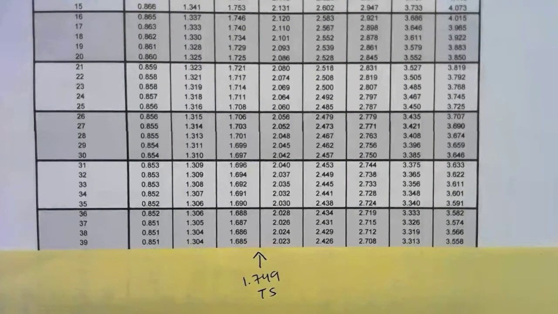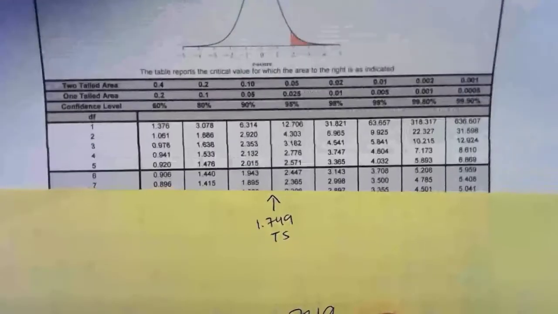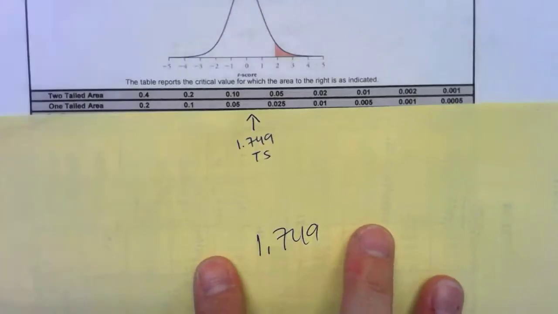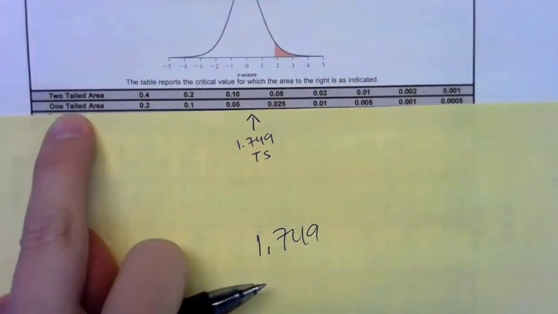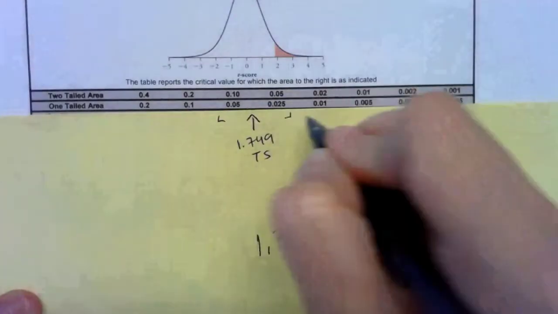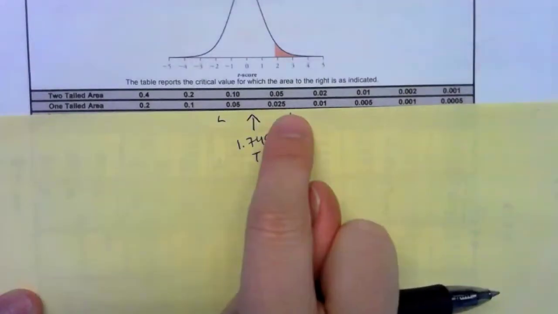Now we move to the top of the page. Is this a one-tailed or two-tailed test? Since it's left-tailed, it's a one-tailed test, so we stop right here. And our p-value is going to be between these two numbers.